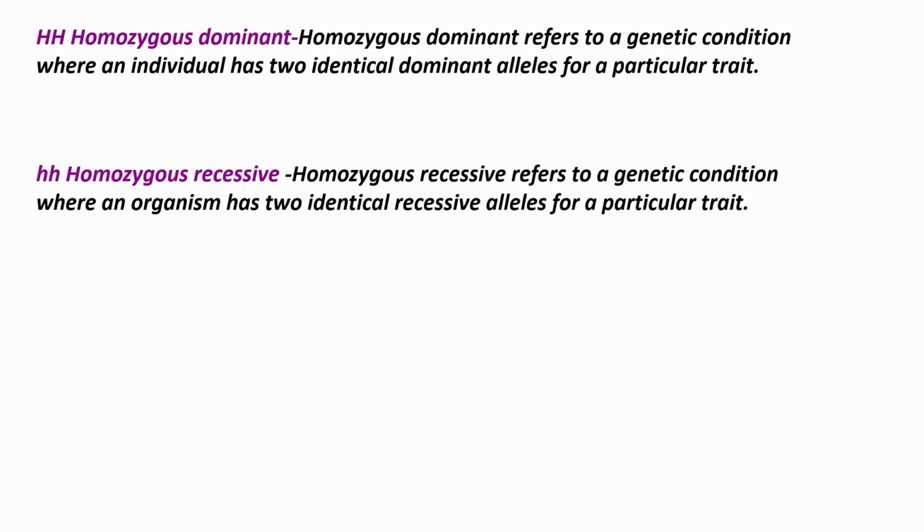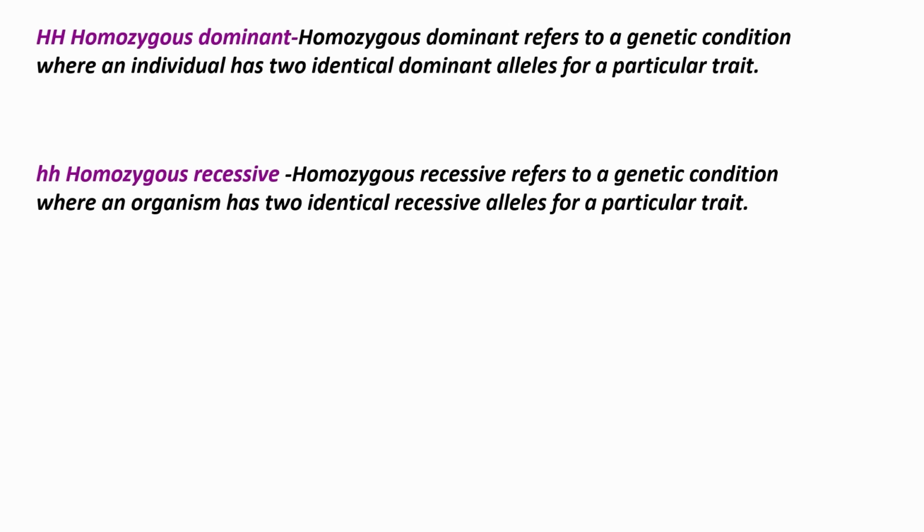By understanding the above simulation, we can define the following. Capital H, homozygous dominant. Homozygous dominant refers to a genetic condition where an individual has two identical dominant alleles for a particular trait. Small h is homozygous recessive.